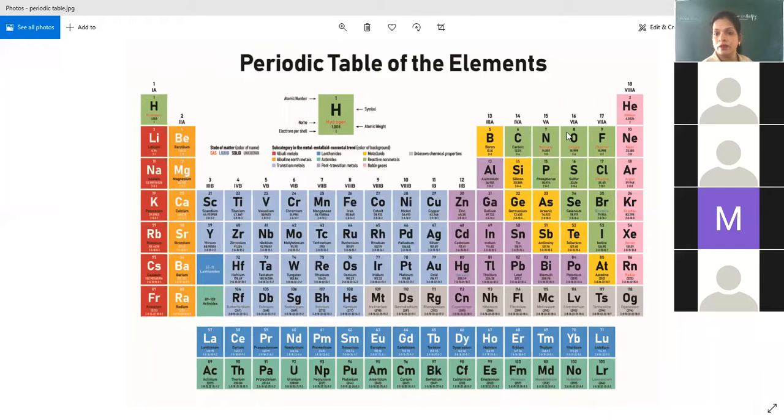Similarly, when the 16th group elements take two electrons, they will be attaining the nearest noble gas configuration. If it is a 15th group, they have to take three electrons to attain the nearest noble gas configuration.